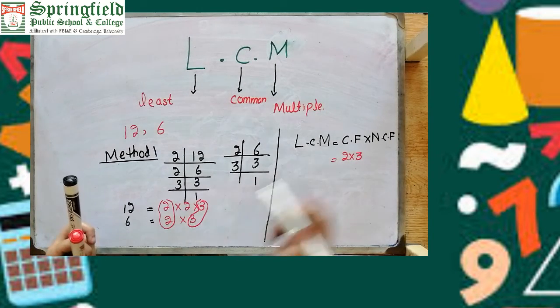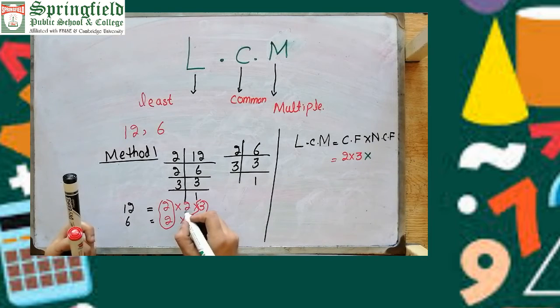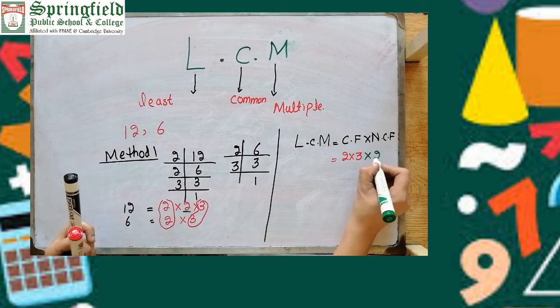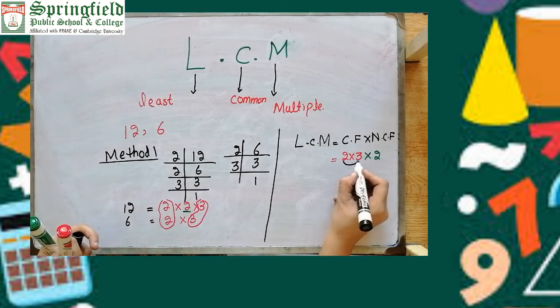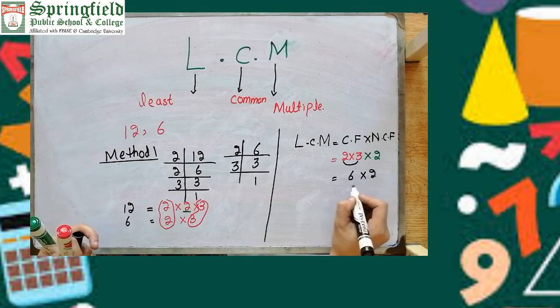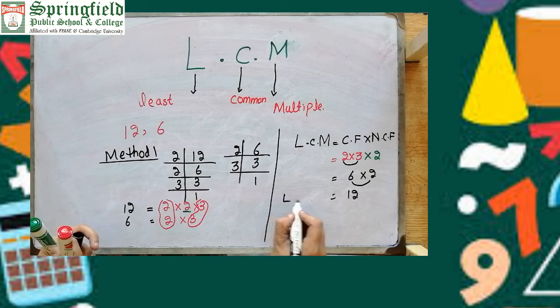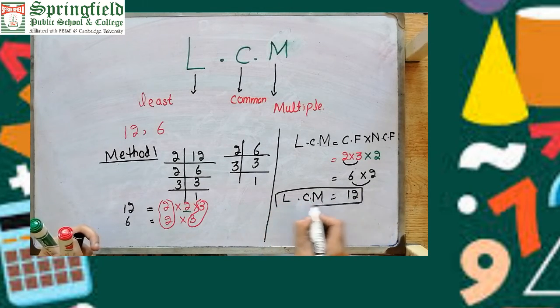And what is the non-common factor? The non-common factor is just 2. Now multiply these two terms. 3 2s are 6 multiply 2. And 6 2s are 12. It means 12 is the least common multiple of 12 and 6.